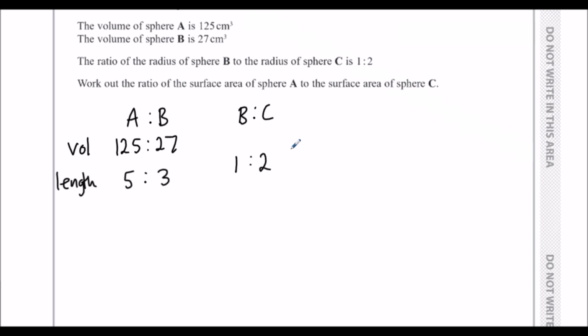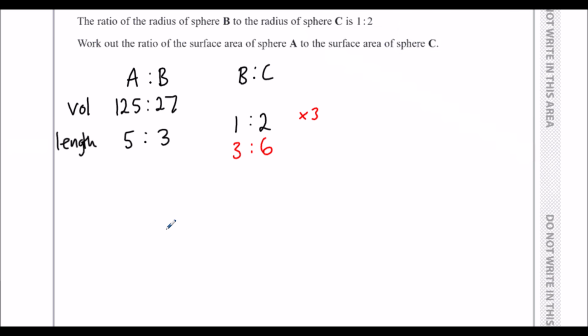And I can do that by multiplying this ratio by 3. So multiplying this by 3 will give me 3 to 6. So now I've got a scale factor for length for A to B to C. So A is 5 parts, B is 3 parts, and C is 6 parts.